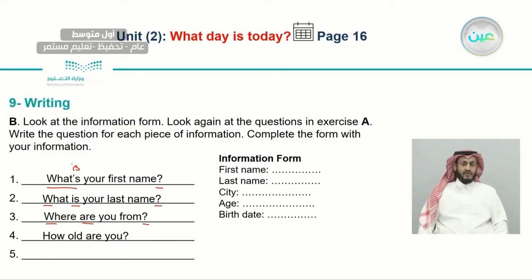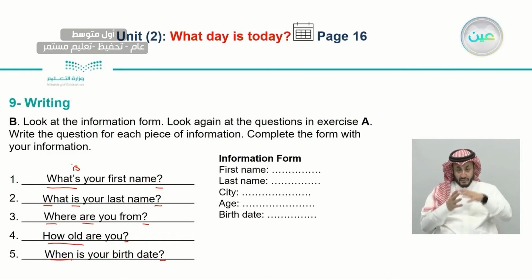Okay, start with how old, the question word that asks about the age, followed by the verb be and the thing that I ask about, you, then a question mark. Number 5, when is your birth date? I'm asking about time, so I chose when, followed by is, the verb be, your birth date, the thing that I'm asking about, and then I end with a question mark.